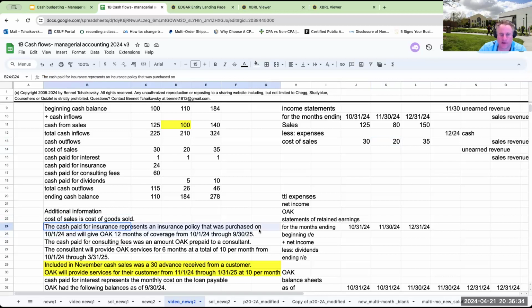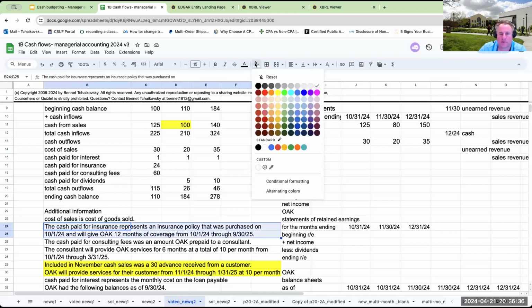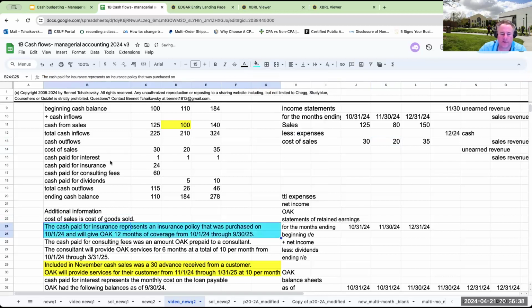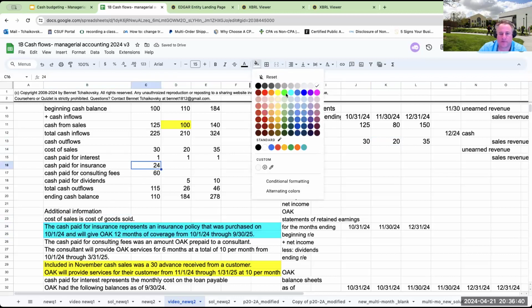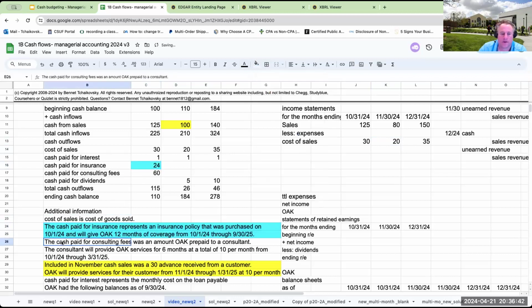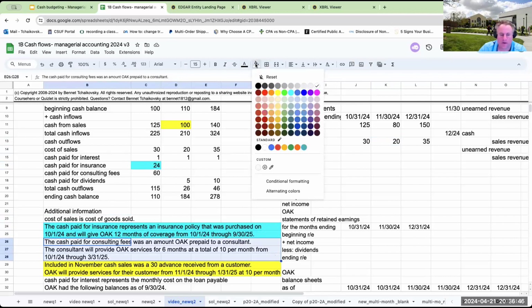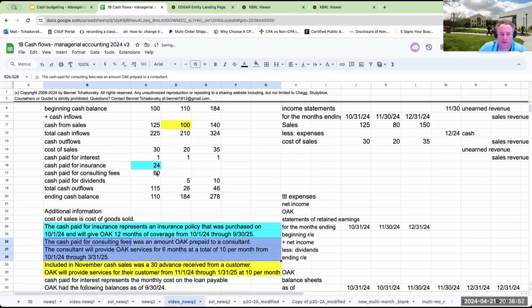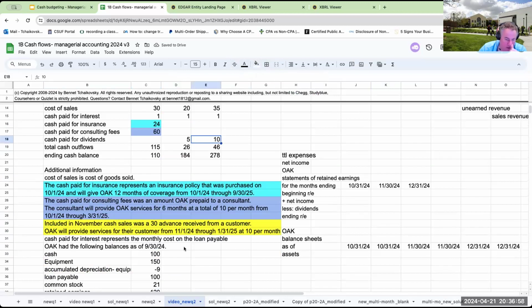So this here relates to this. Cash paid to the consultant right over here. This over here relates to this amount right over here.